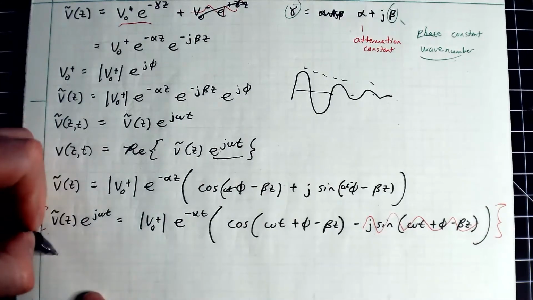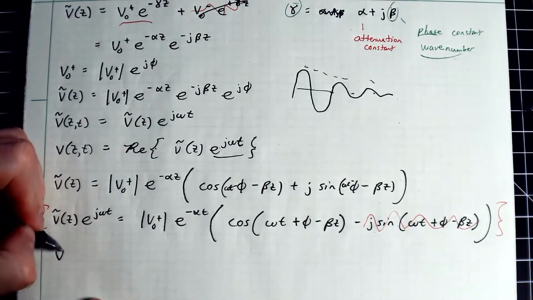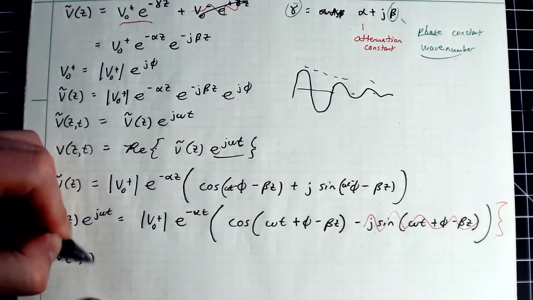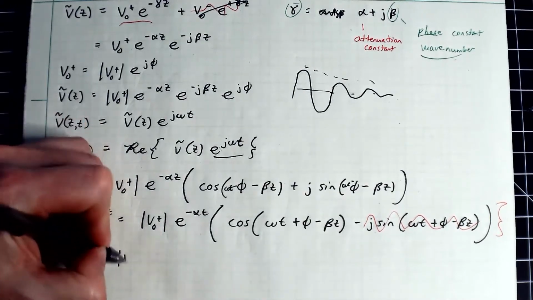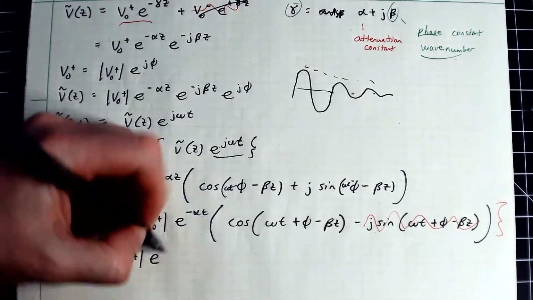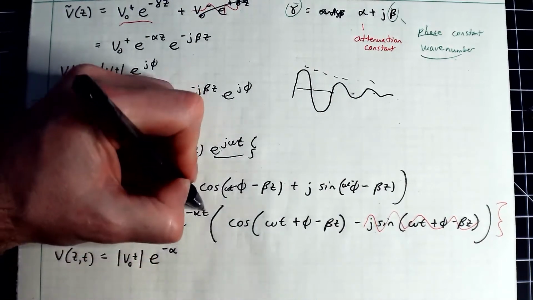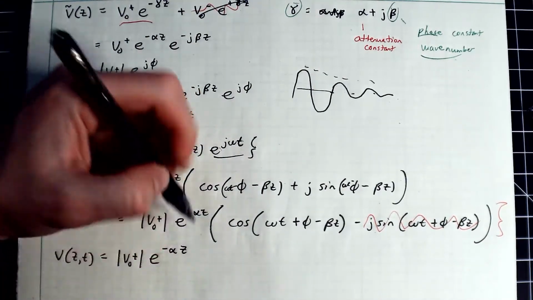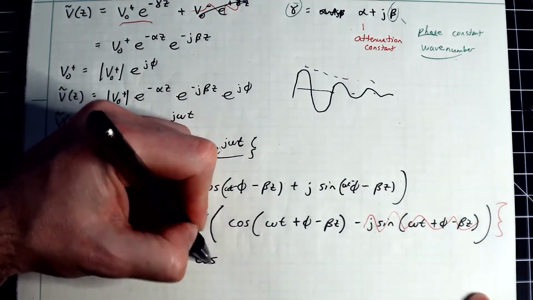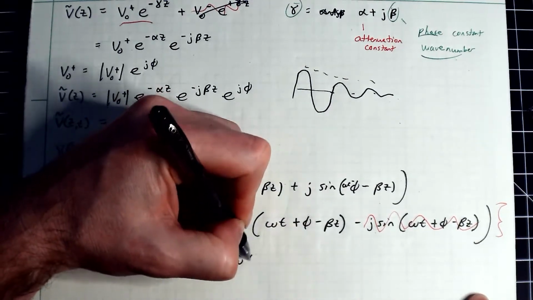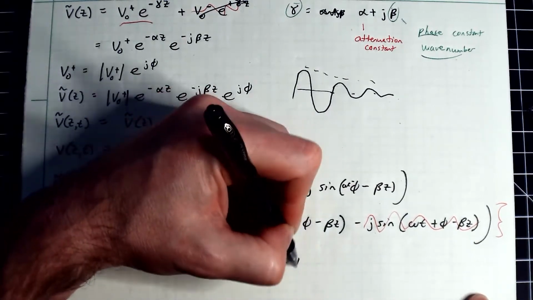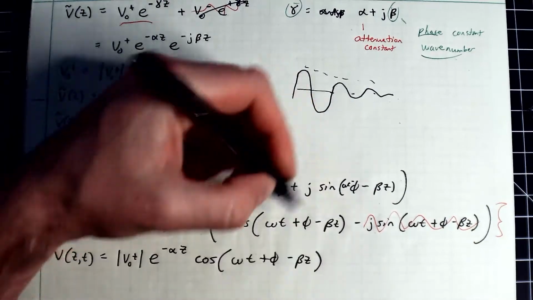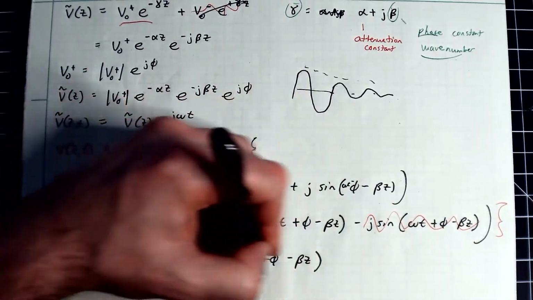So the end result is a true time domain signal where v of z comma t is equal to the magnitude, e to the minus alpha z, times the cosine of omega t plus phi minus beta z, like so.